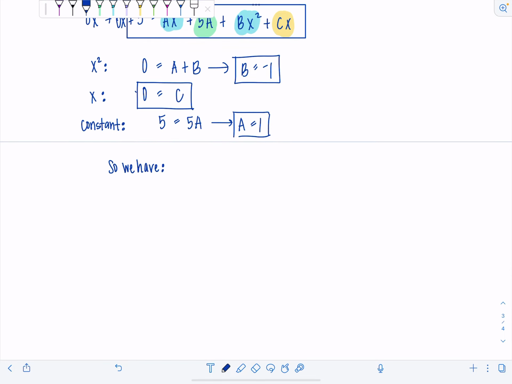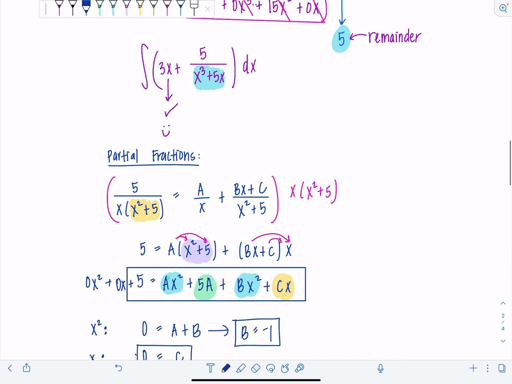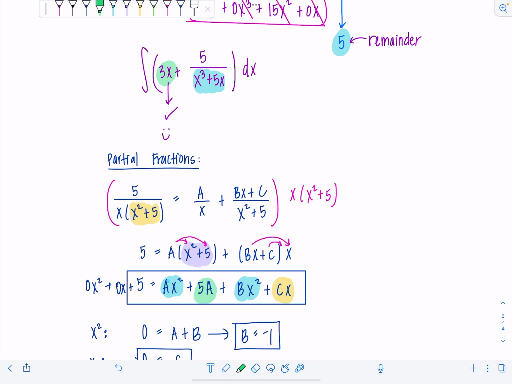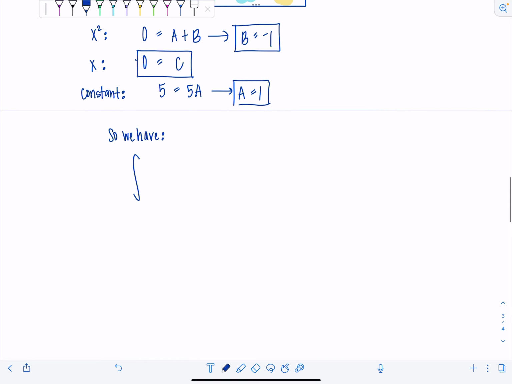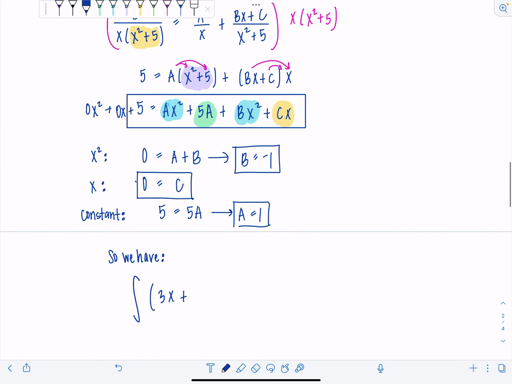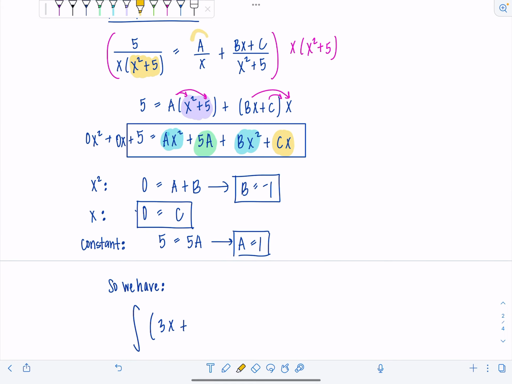What do we have now? Do you remember from the long division we had that 3x hanging out first? Don't forget about him. 3x. So we've got 3x plus A was 1. So this is going to give us 1 over x.